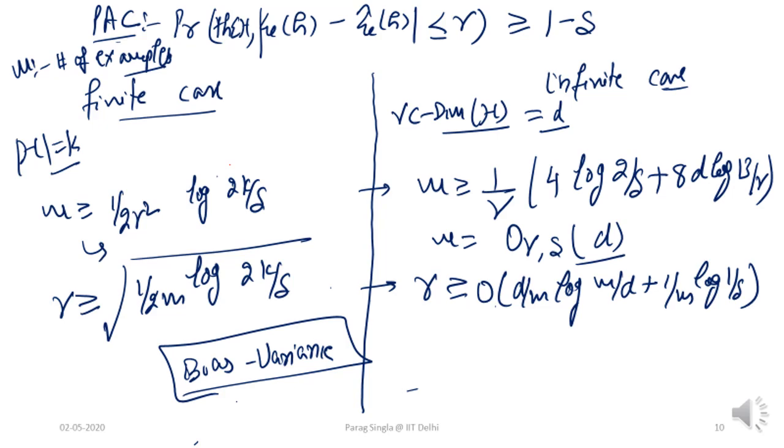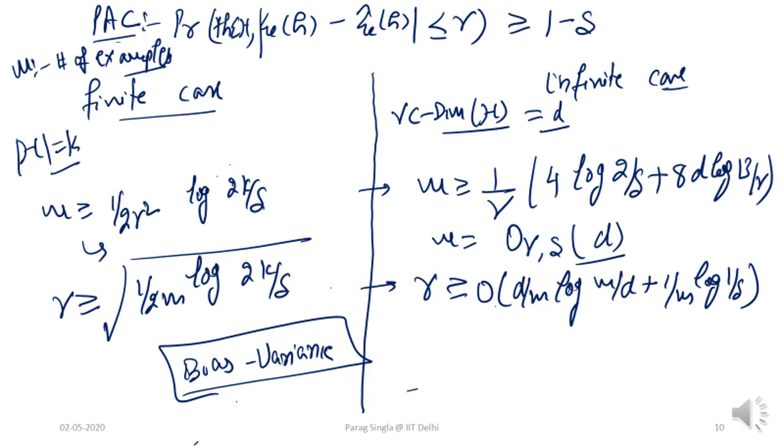The main point is that m depends on k in the finite case, and as k increases, the number of examples we need also increases, albeit logarithmically, to achieve a certain PAC bound.